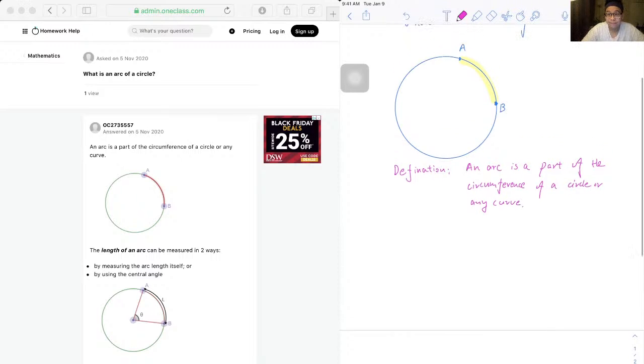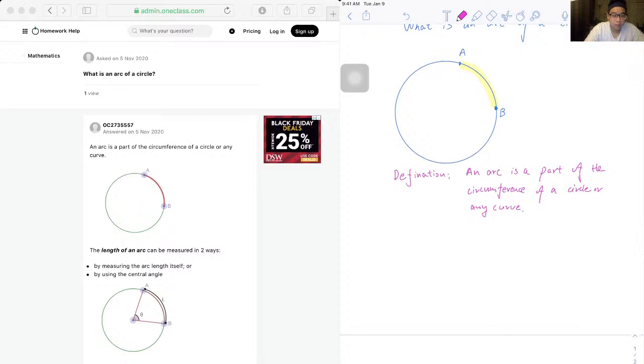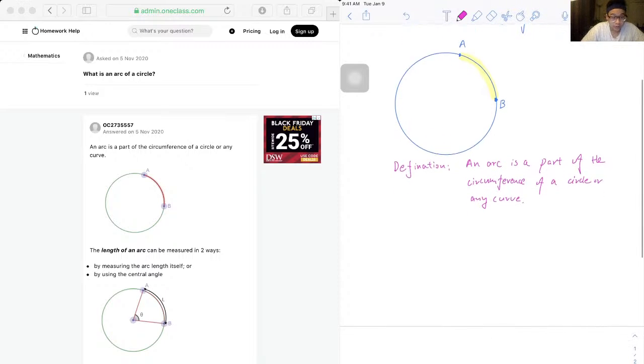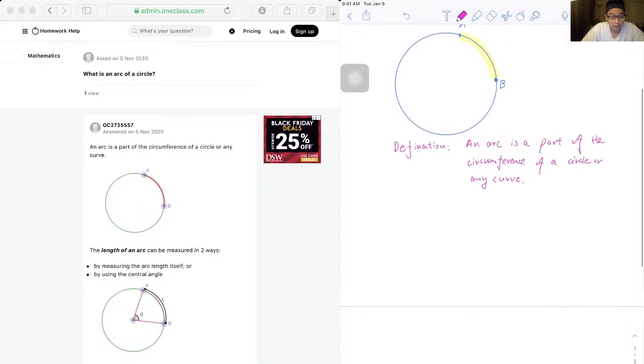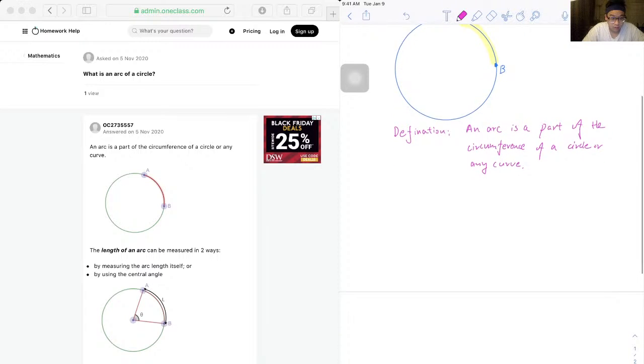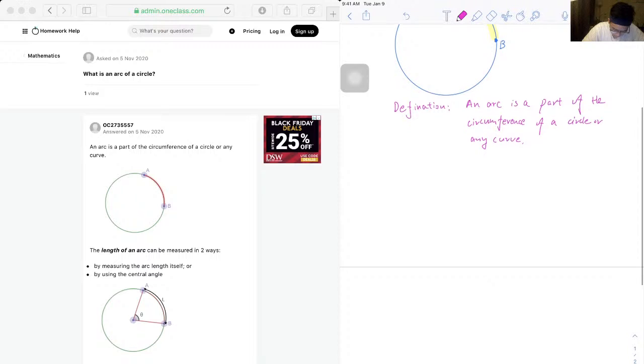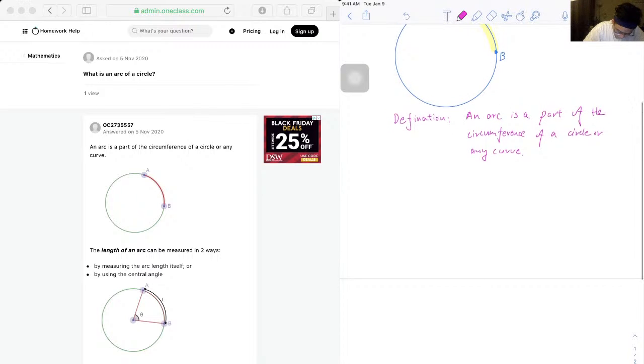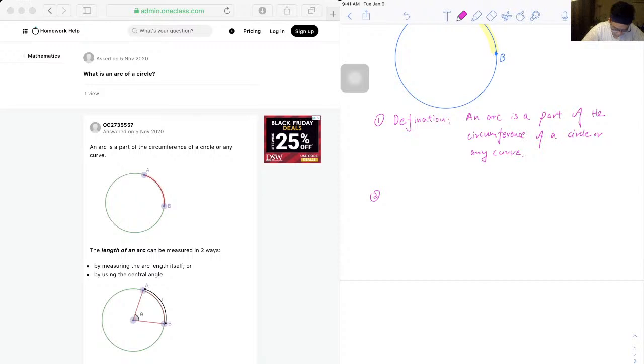Okay? Yep. So that's what arc is. And in terms of the length of an arc, it could be measured in two ways. So that would be the first point. Second point would be measurement.